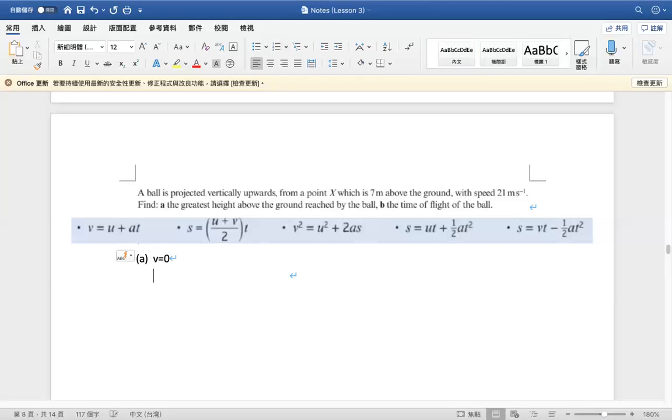And then for time of flight, that is when s is 0. Do you get why s is 0 for part B?